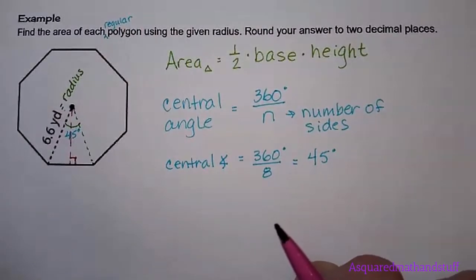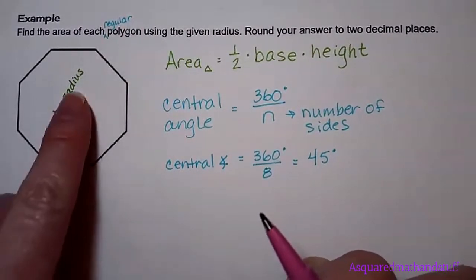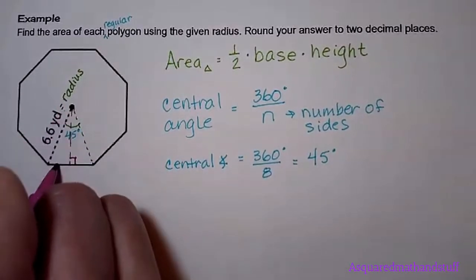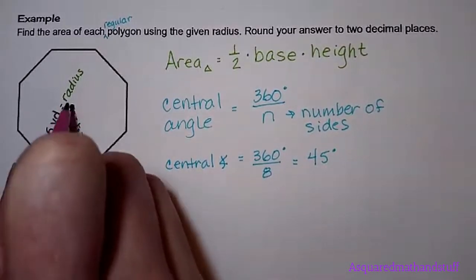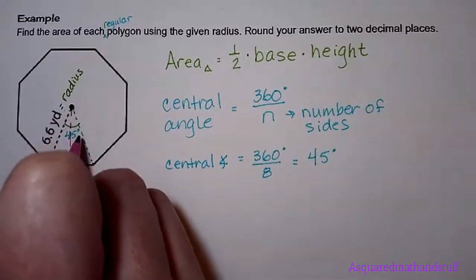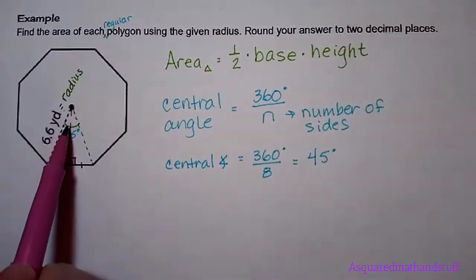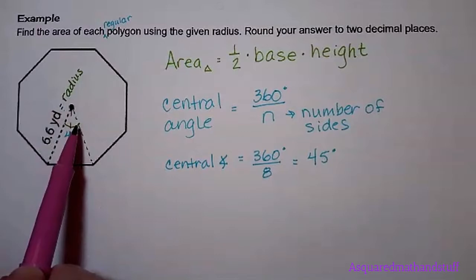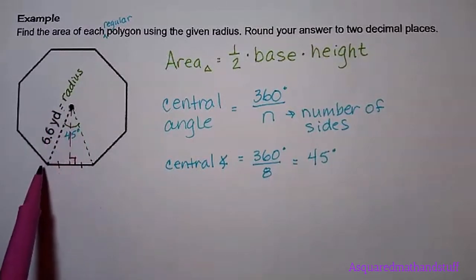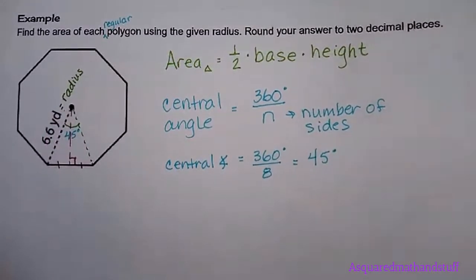And because we have a regular polygon here, we have created a perpendicular bisector, so we have cut the side length in half, and we have also created an angle bisector, so we have cut this 45-degree angle in half as well. So I'm going to redraw just one of these right triangles down here.